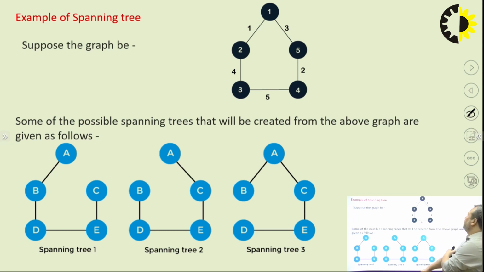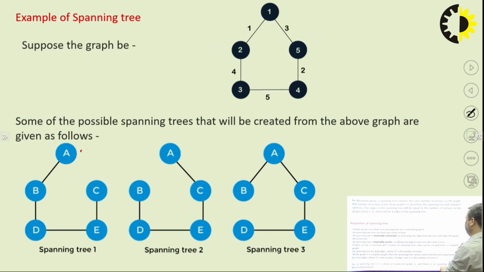So to ensure a spanning tree, it must have all 5 vertices, but there should not be any loop like this one. So there are 5 vertices A, B, C, D, and there is no closed loop anywhere, so this becomes a spanning tree. Similarly, there is a second spanning tree, a third, and so on.